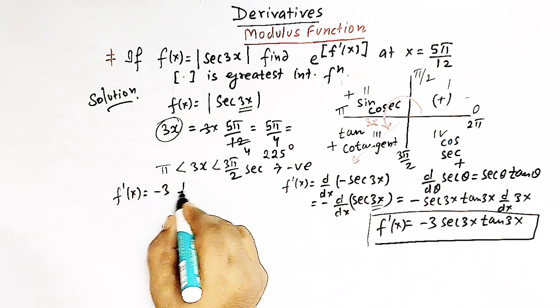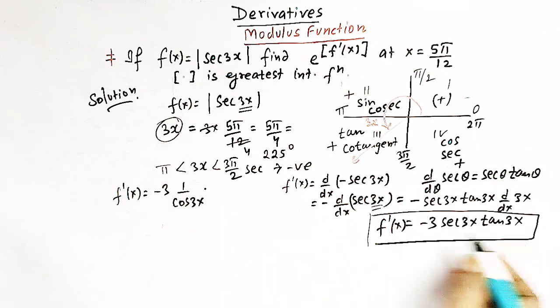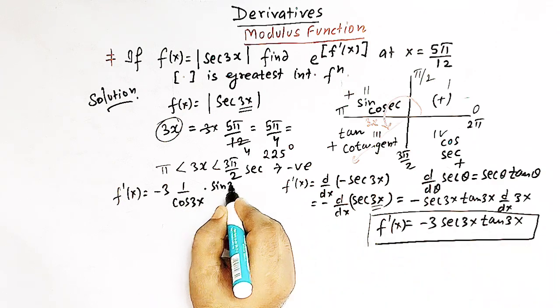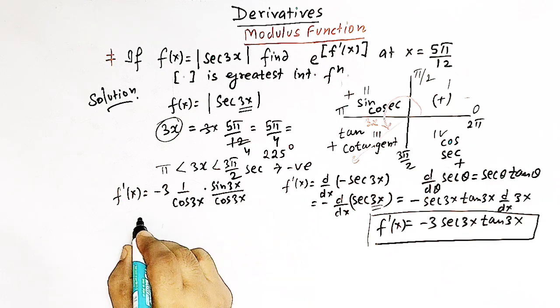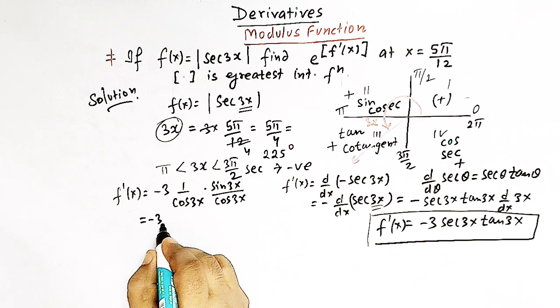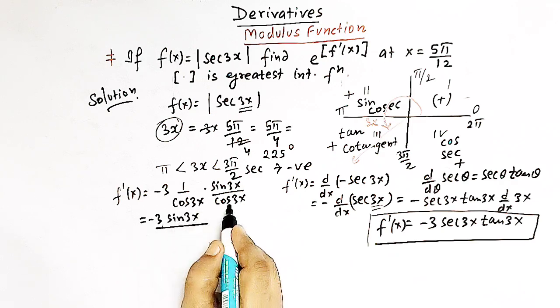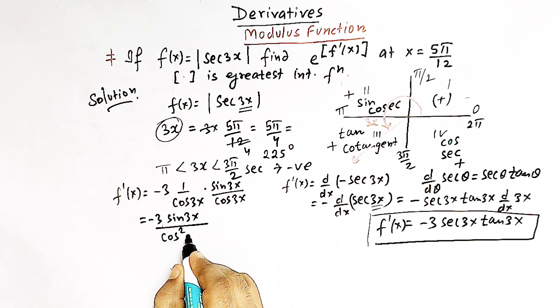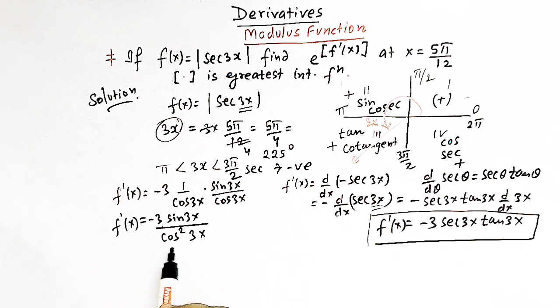Secant 3x can be written as 1 over cos 3x, and tan 3x can be written as sine 3x over cos 3x. So we have minus 3, and here we have sine 3x, and here we have cos square 3x. So this is another expression for the derivative of f of x.